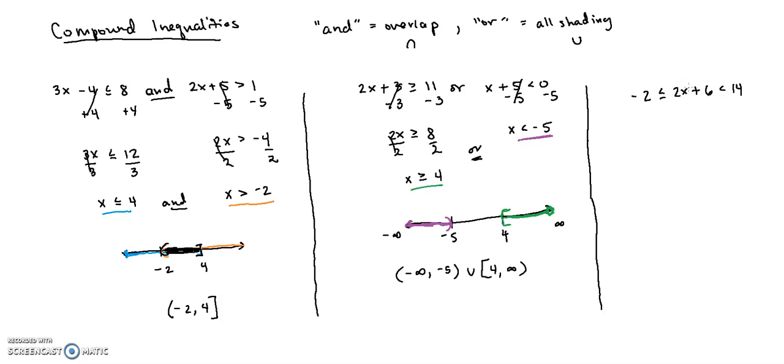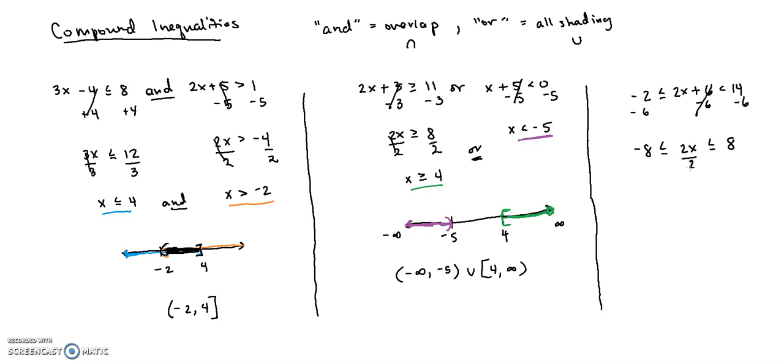Okay, so here we want to get the x by itself, just like the other ones. And so we need to move this 6 away. So if we want to subtract 6 here, now we've got to do it to all three pieces. Okay, so a little bit different from an equation because you've got to keep all the pieces balanced. All right, so we've got negative 8 on the left, and we've got 8 on the right.